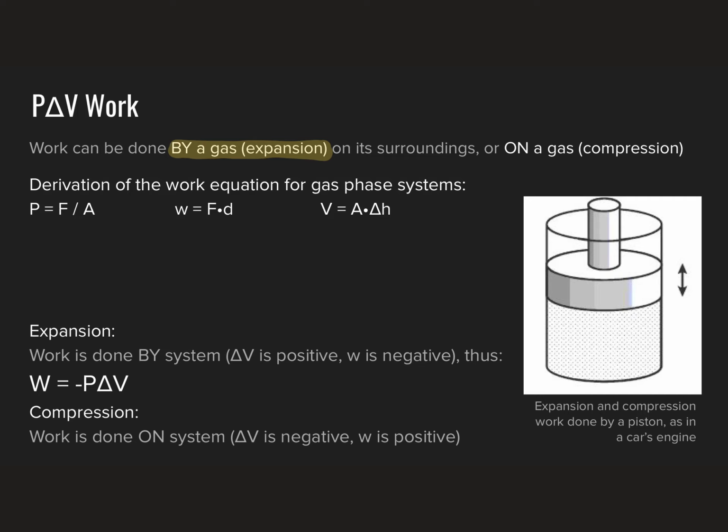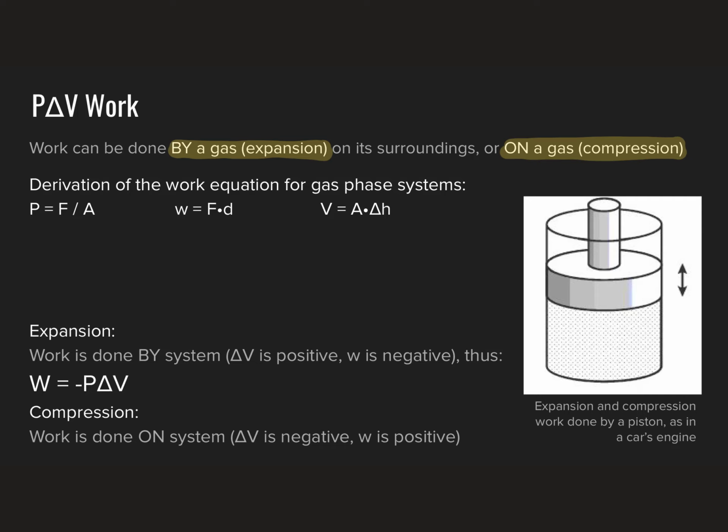That gas expanding outwards would push the piston outwards, which could then cause the movement of the crankshaft and the car will move forward. But at the same time, we could also compress the gas, and in order to compress that gas, we would have to push that piston inwards, which means that we could also be seeing work done on the gas. So again, this is what we call expansion compression work.